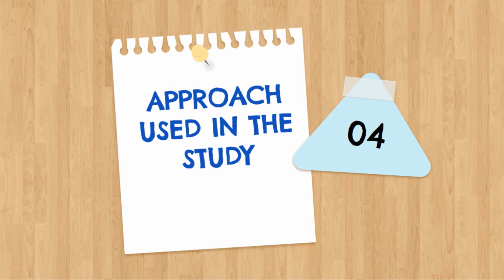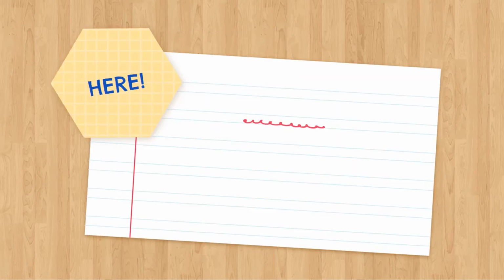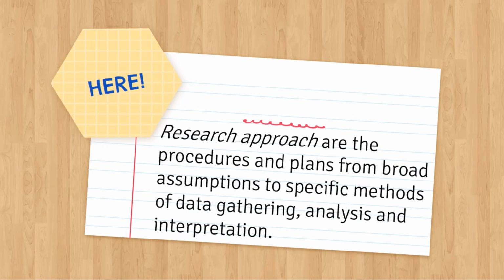But first, let's define the research approach. Research approach are the procedures and plans from broad assumptions to specific methods of data gathering, analysis, and interpretation. In research writing, the discussion of your research approach is important regardless of the research type that you used.